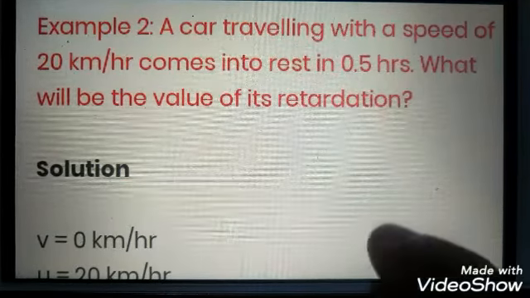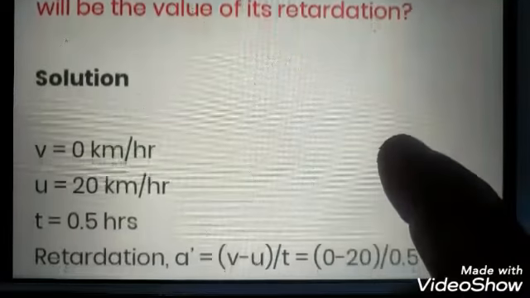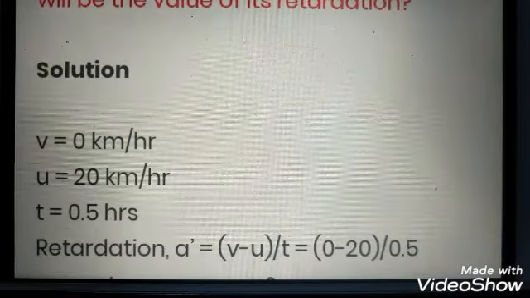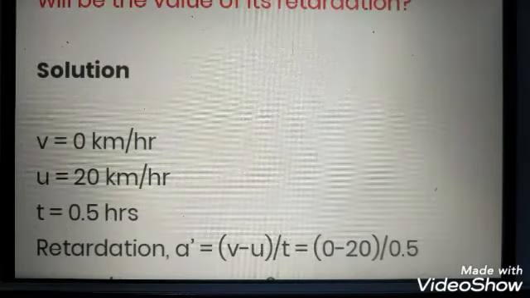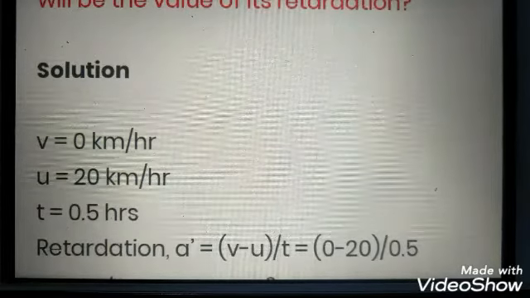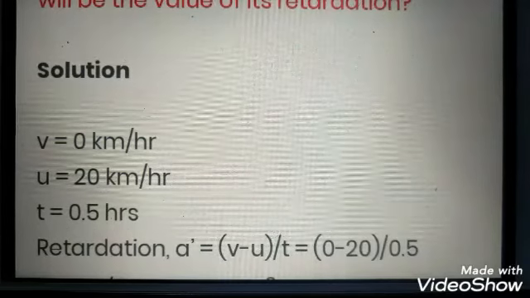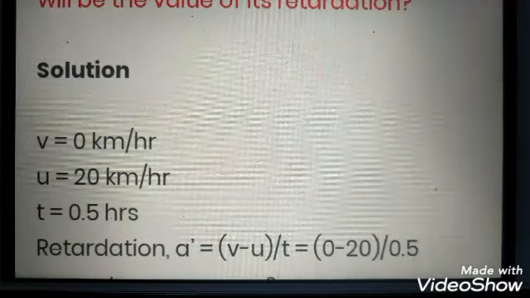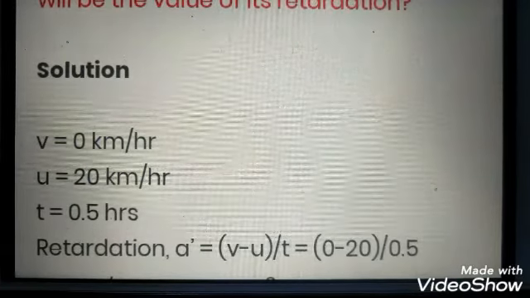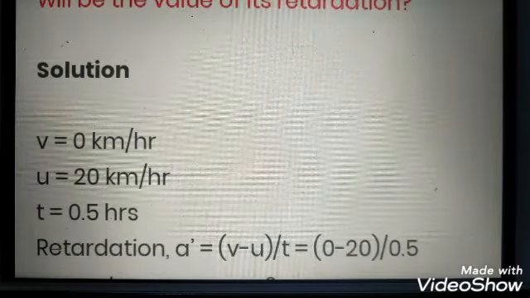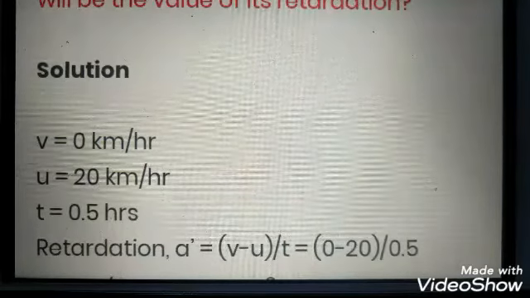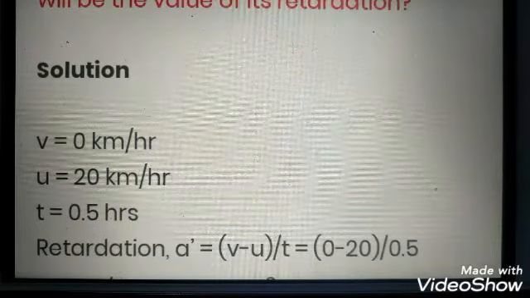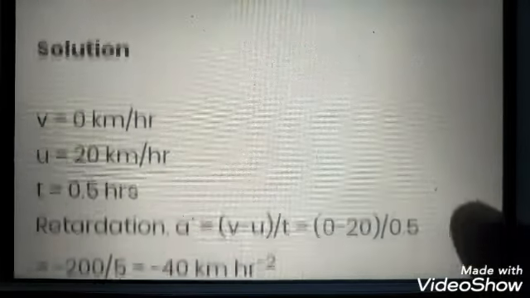So here v is the final velocity. It comes to rest, that's why it is 0 km per hour, and it is traveling with the speed of 20 km per hour, that is the initial speed. So u is the initial speed, and the acceleration is given by the formula v minus u upon t, that is equal to 0 minus 20 upon 0.5.